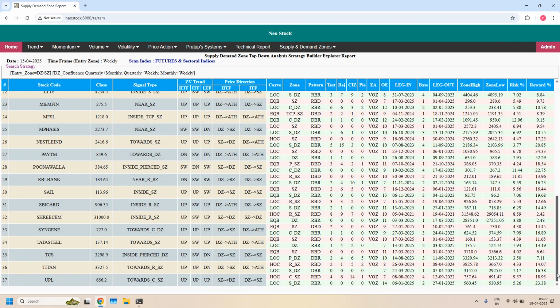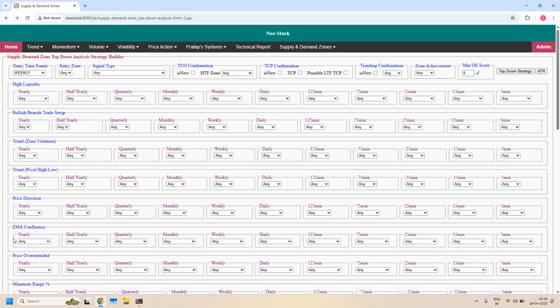Let us filter quarterly demand zone having quarterly EMA confluence. Because the weekly together with monthly are overlapped with quarterly, all zones are part of quarterly. That's why we are checking quarterly demand zone having quarterly EMA confluence.